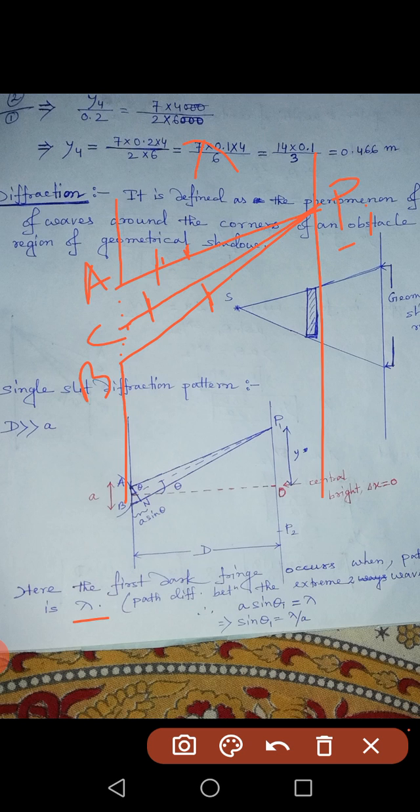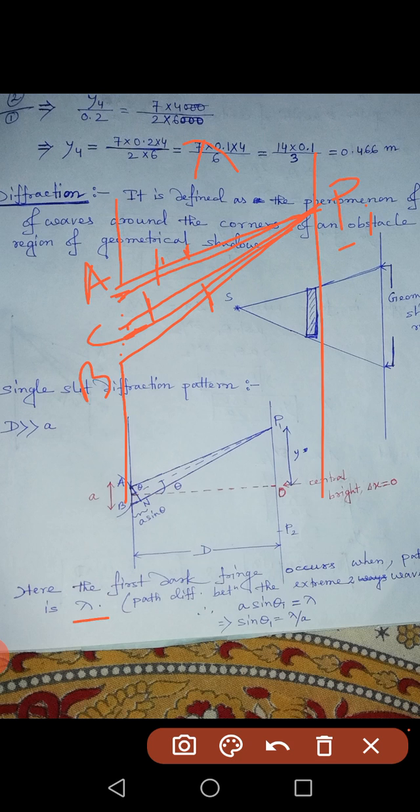Next, suppose just below A, from this point another wave is originating and reaching point P. Then below C also, from one point, another wave is reaching P1. Can we say the wave originating from this point and the wave originating from this point, what will be the path difference between them?